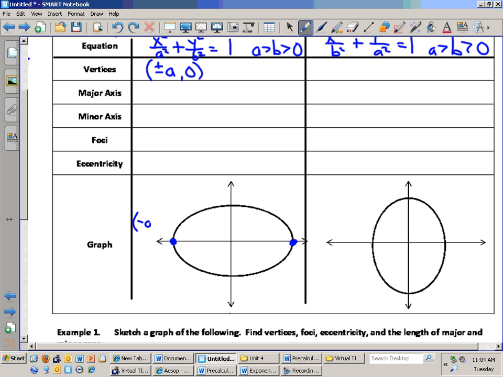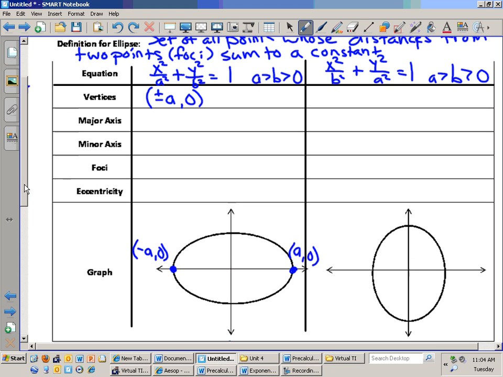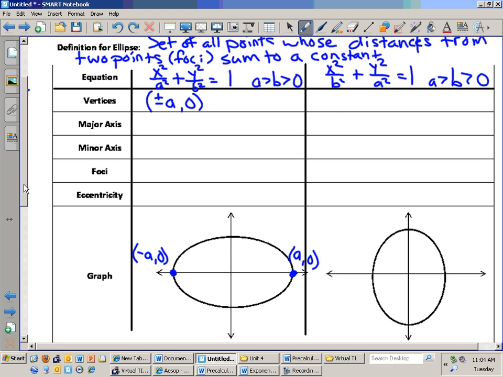We call them negative a, 0 and positive a, 0. So you take the square root of that a squared, or the square root of the bigger number, and that tells you where you're at. Now, if a squared sits under y squared, then our vertices move to the y-axis, not the x-axis. So in this situation, you have 0, a and 0, negative a.